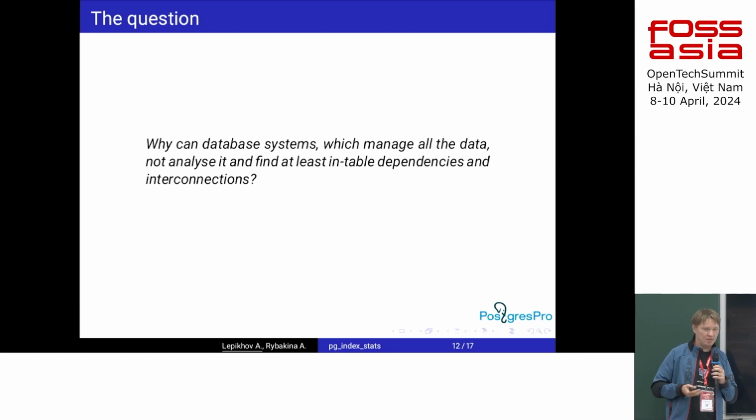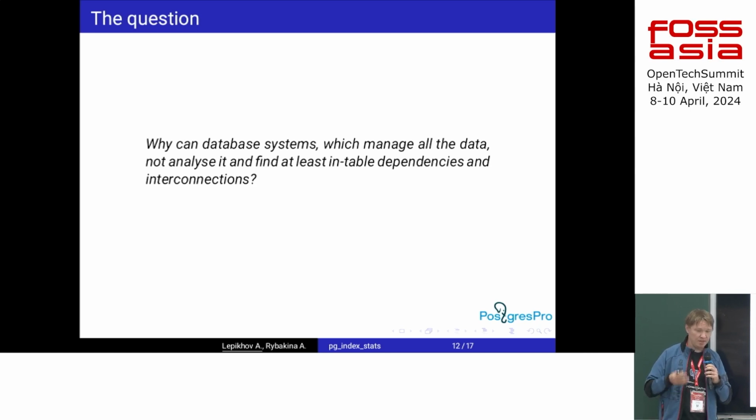Because of that, future generations of databases should somehow predict, should somehow see into the correlations between data and find some templates of queries. And according to that, maybe they should invent some new types of statistics, who knows.